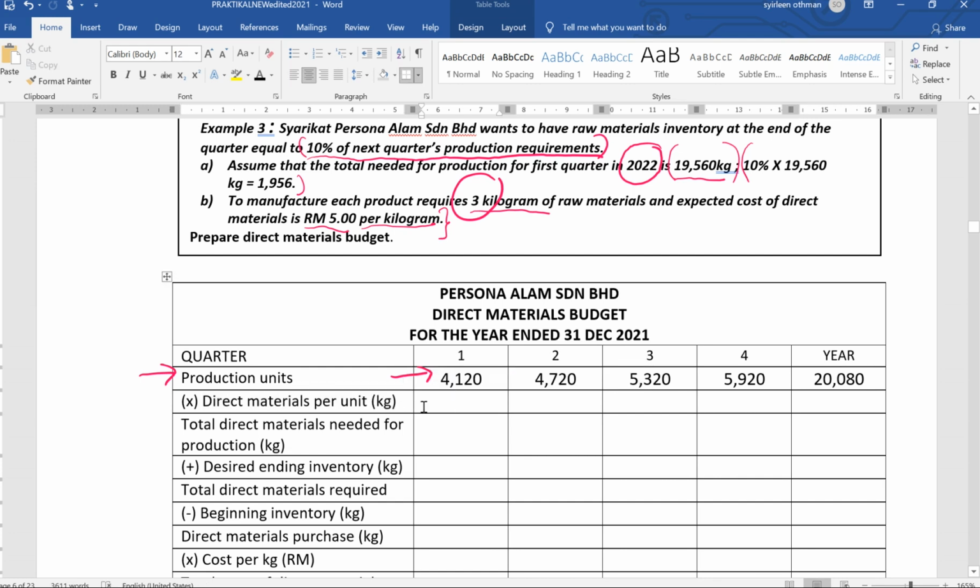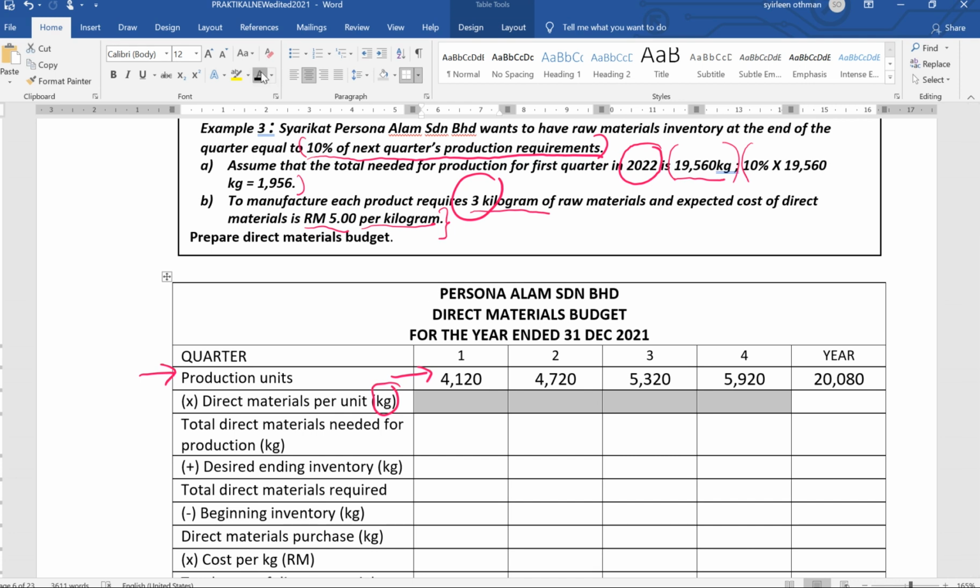In this question, the raw material is in kg. Maybe in other questions you will come across meters, milliliters, and so on. So this is subject to the question requirements. So now we will put 3 kg here.